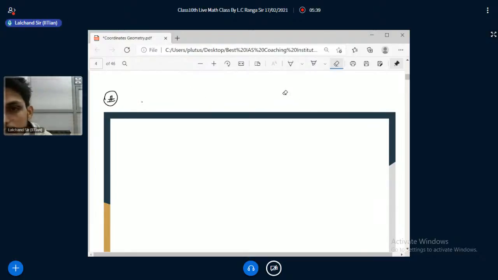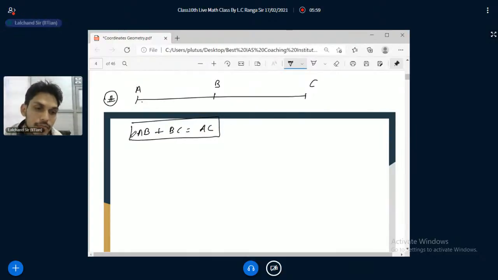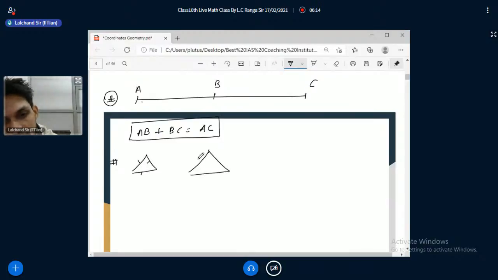If we have 3 points on a line, A, B, and C, then using the distance formula, we can say if AB plus BC equals AC, then the points are collinear. Okay. Are you getting this? And we can also use this for triangles: an equilateral triangle if all 3 sides are equal, an isosceles triangle if 2 sides are equal, to identify the figure whenever points are provided to us.